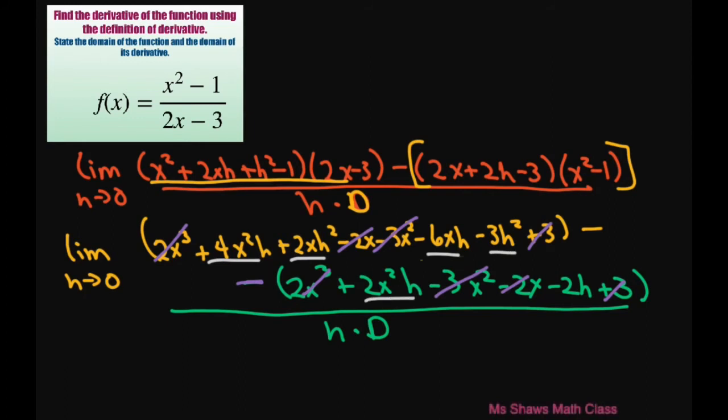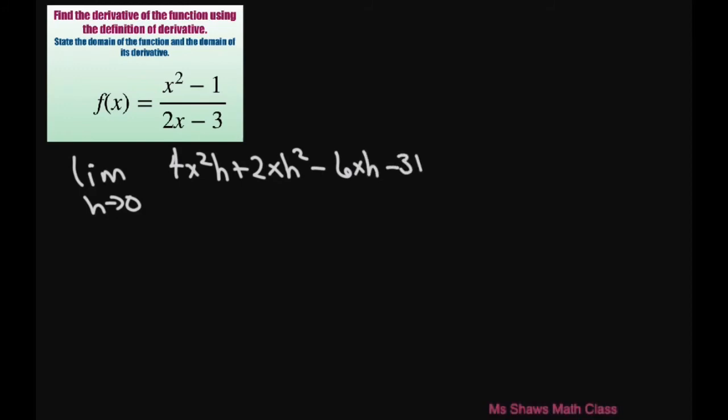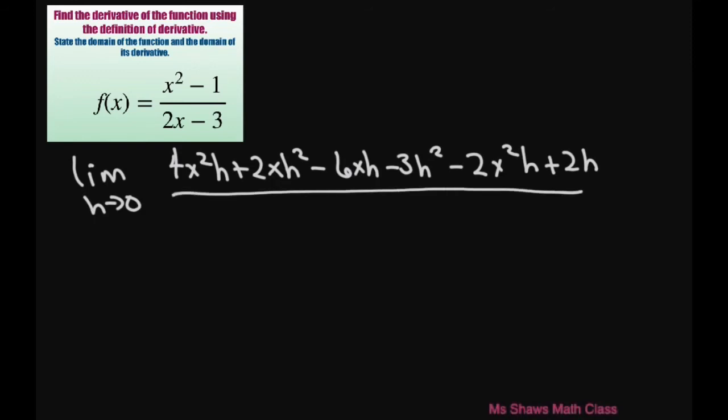So here are our h's, and we can group those together. We're going to have the limit as h approaches 0. This is going to give you 4x squared h plus 2xh squared minus 6xh minus 3h squared minus 2x squared h plus 2h. Okay, all divided by h times that denominator we had.